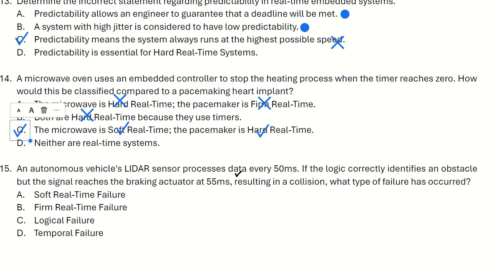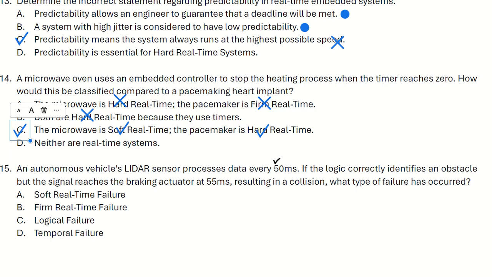The signal reaches the brake too slowly already. So when you refine the design, it can effectively minimize the collision. What type of failure occurred?